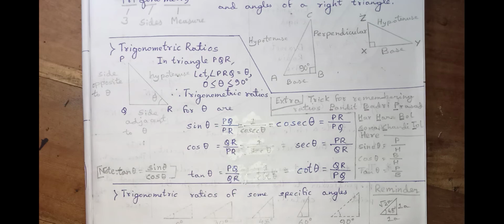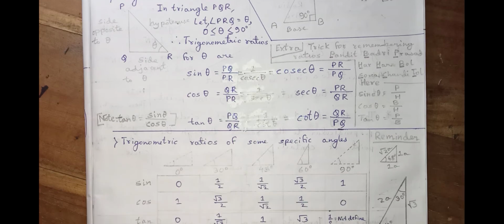Because if you remember the sine, cos and tan values, their reciprocals are cosec theta, sec theta, cot theta respectively. Sin theta reciprocal is cosec theta, cos theta reciprocal is sec theta, and tan theta reciprocal is cot theta. Got that?